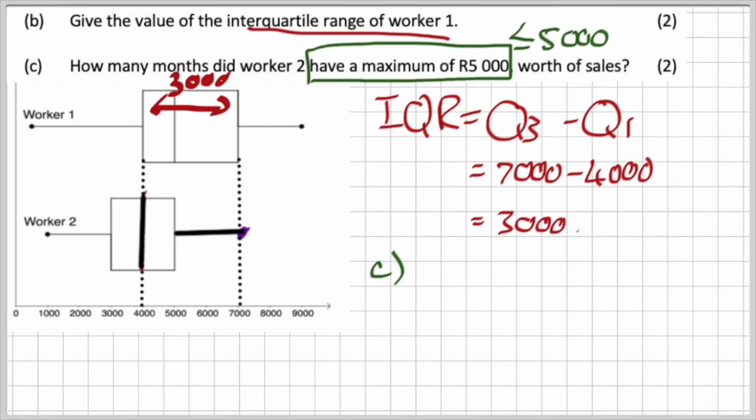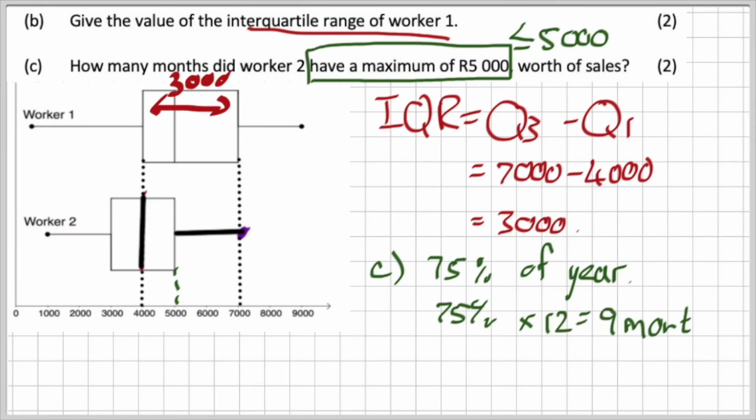So going to my sketch and finding 5,000, it is at the Q3, which is 75% of the year. So 75% of the year, your worker 2 has not exceeded 5,000 Rand, which means 75% of 12 months. So that means 9 months worker 2 actually sold 5,000 or less.